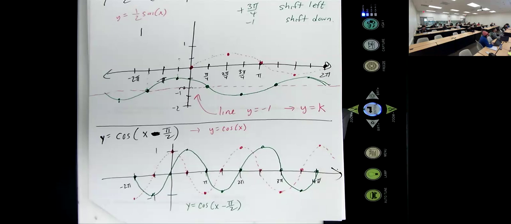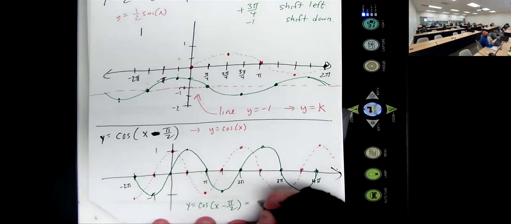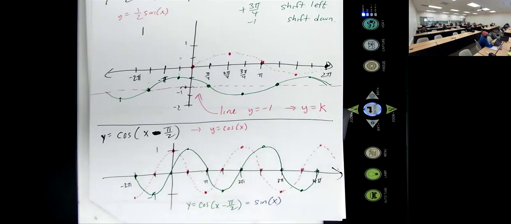What does that graph look like if you didn't see cosine of x minus pi over 2? Function of sine. It looks like sine, it's actually just sine without any shift. It's identical to it.